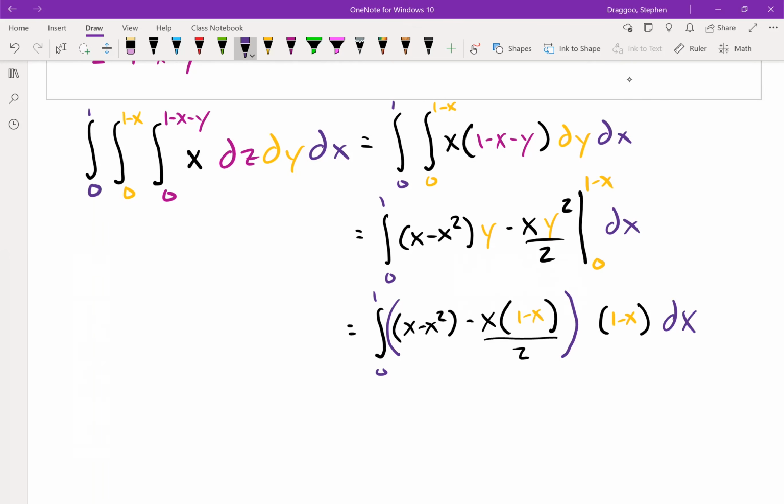So let's do that. x minus x squared over 2. And now we'll have to multiply our 1 minus x into that, but that doesn't look so bad. Multiplying x minus x squared times 1 minus x, what are we going to get? Let's drag that down here for a moment.